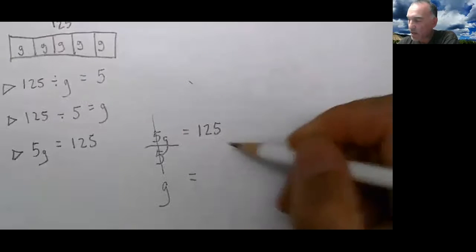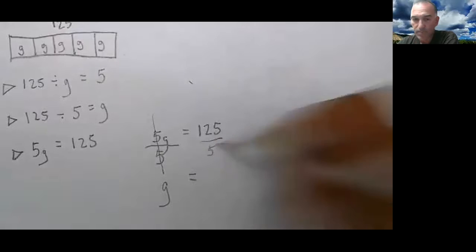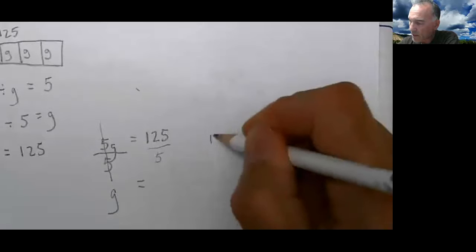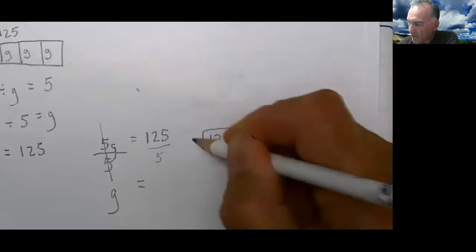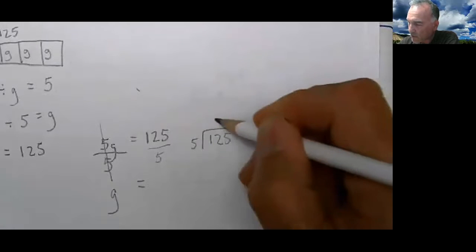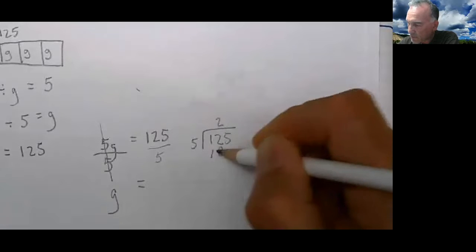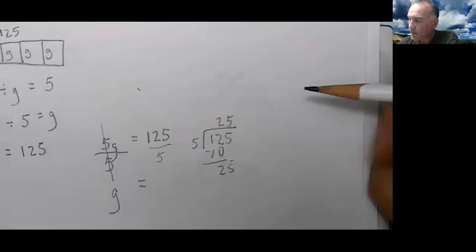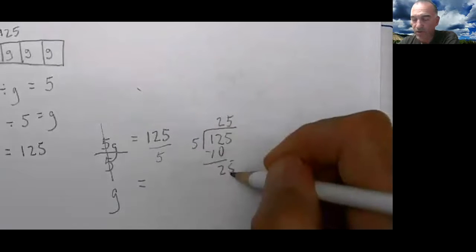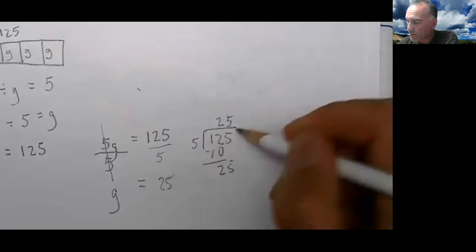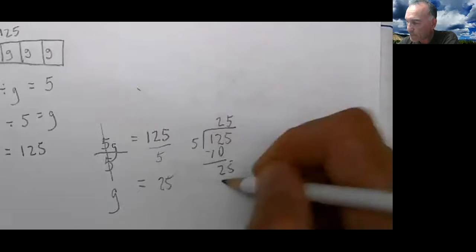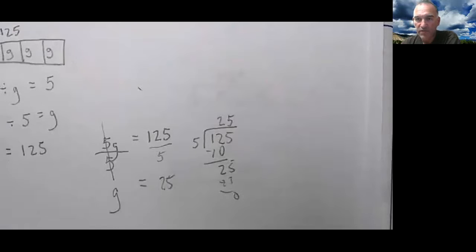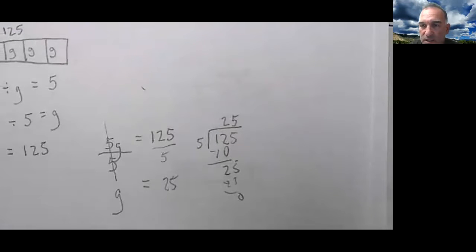What I do to one side, I have to do to the other. So I'm going to divide this side by 5. I pull this out of the way. I divide by 5. 5 into 12 twice. I subtract. It's 25. G equals 25, right? Gary has 25 minerals. I'm going to stop there.